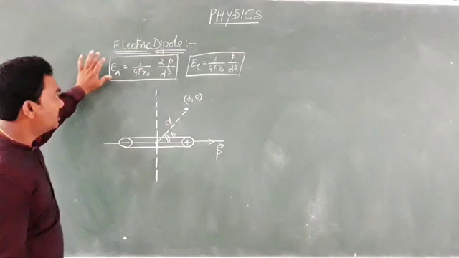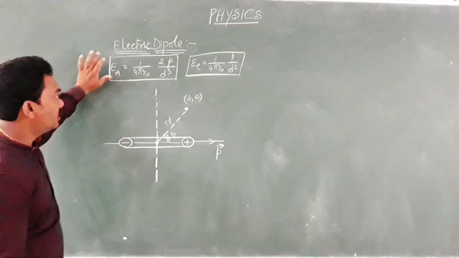This remains as p square taken as a common. So this is 4 cos square theta plus sin square theta, over square root. Now the conclusion is E is equal to 1 by 4 pi epsilon naught into P by d cube, over square root, 4 cos square theta plus sin square theta.